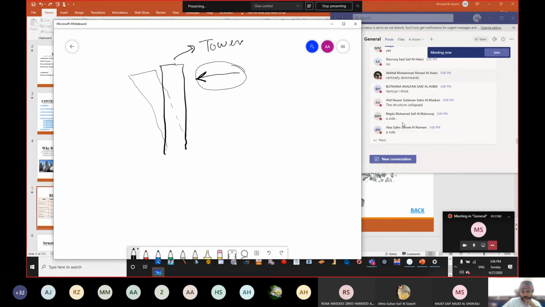I'm not talking about what happened over there. I'm talking about what will happen if the damage was caused because of the aeroplane, like whatever I have drawn. But in reality, the tower fell vertically rather than going to the side. What was the reason?